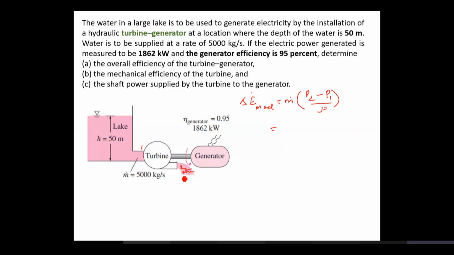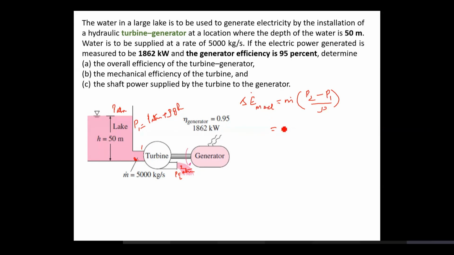P1 is the atmospheric pressure, clear? Sorry, P2 is the atmospheric pressure. Is it clear? Yes, sir. And P1 is what? Fluid P atmospheric plus rho GH at this point. Is it clear? Yes, sir.